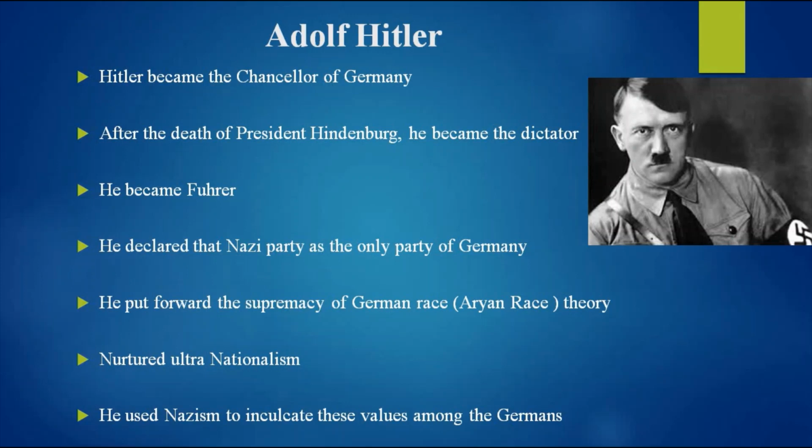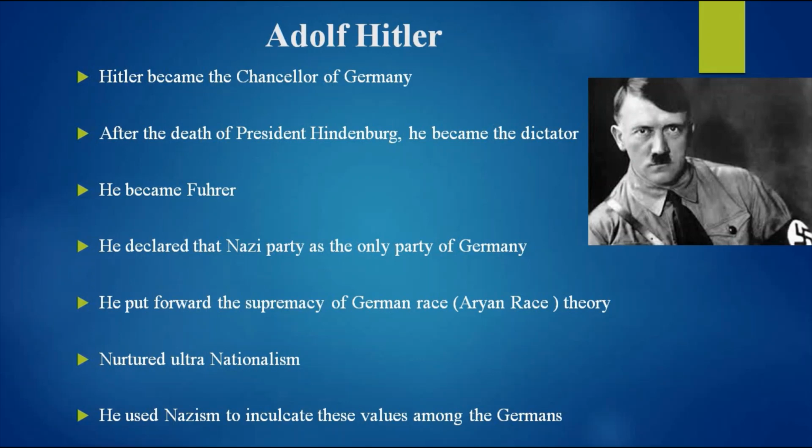His father was very cruel. Always the father and son were quarreling, and actually in his young age itself he lost his father, because at the age of 52 his father had a child named Hitler.